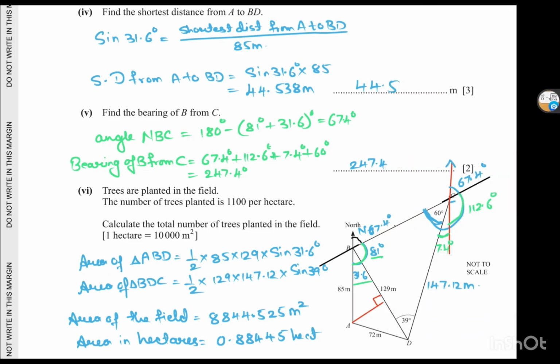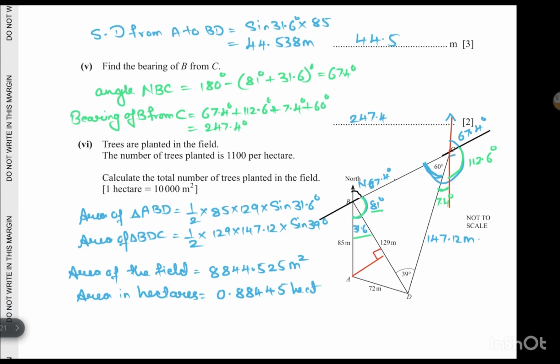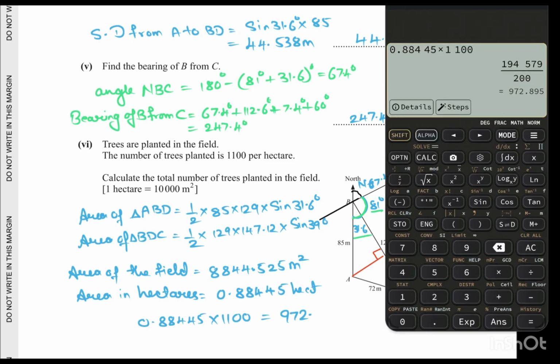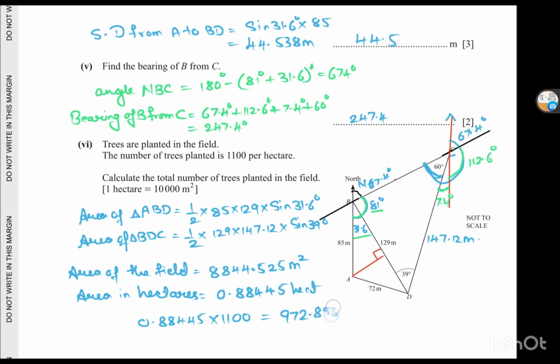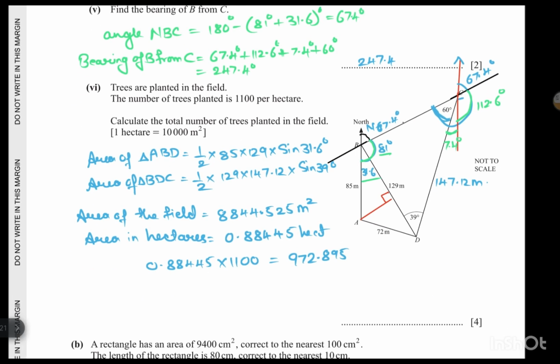So 0.88445 into 1100 trees, you get 972.895. So the number of trees planted will be 972, rounded to 973 plants. This is done. In question number 7, A is done.